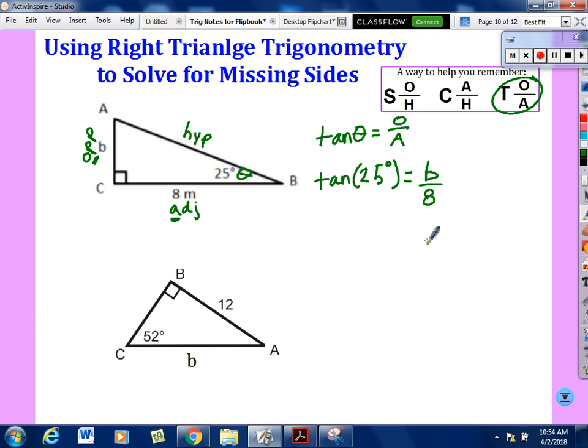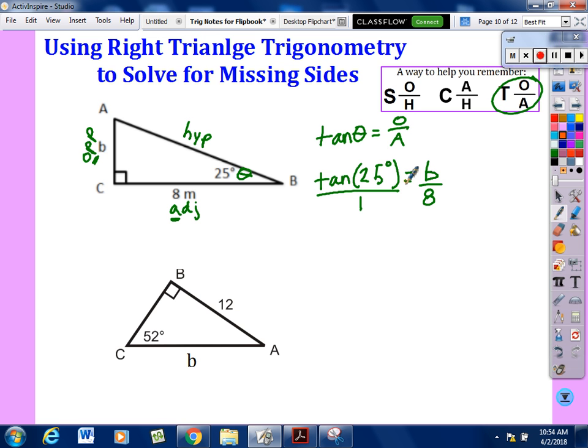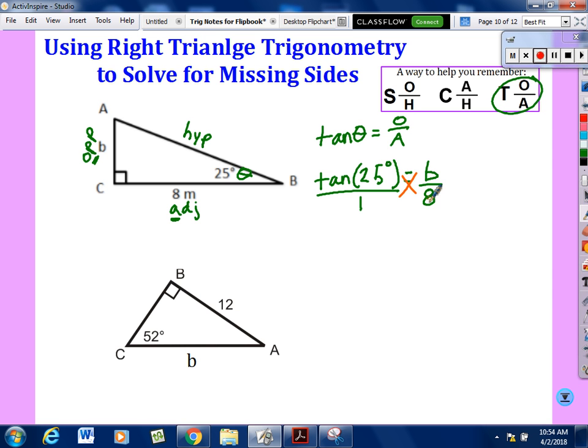Now, the easiest way to solve these is to think of it as a proportion where you can then cross multiply. So if I were going to solve this, I would take 8 times tangent 25, and it gets written like this where the 8 is in front. And keep in mind, your degrees is always inside of one of the trig functions.